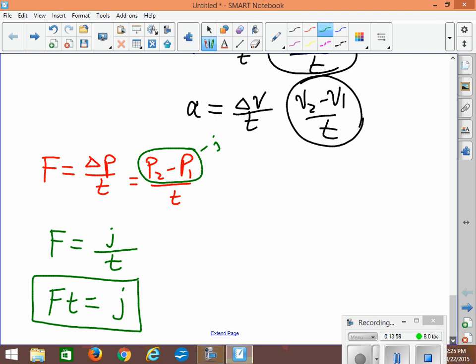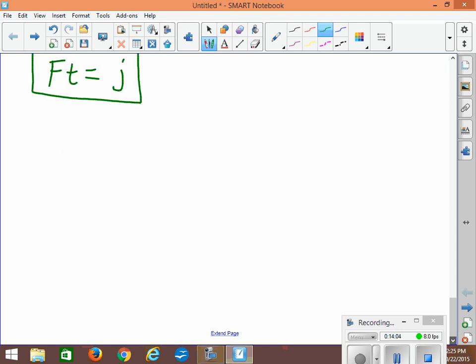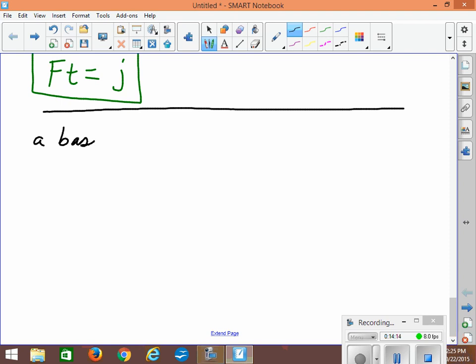All right, it's time to do an example where we use all three things. So, let's say we have a baseball. If I recall, the mass of a baseball is somewhere around 0.15 kilograms.